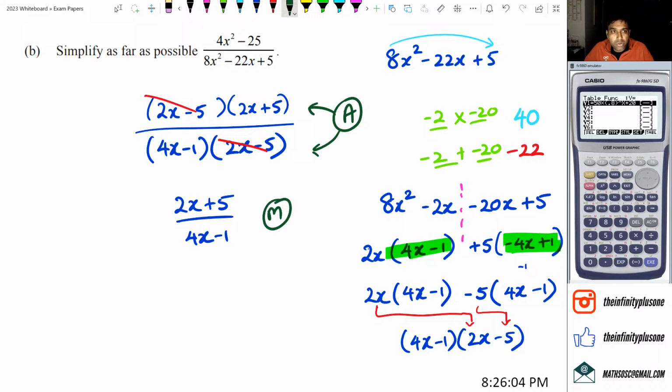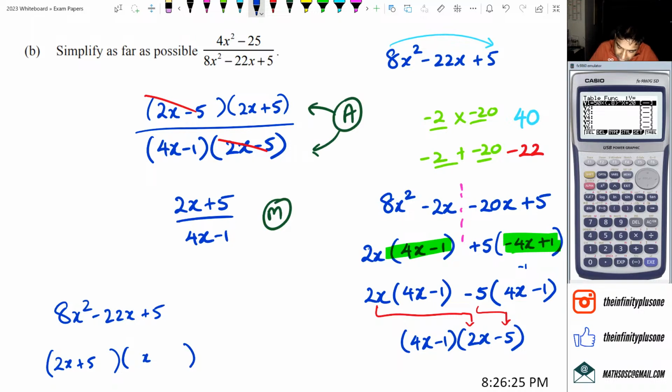All right, so we're going to go to question C now. With the guess and check, I would have done something like this. Because I'm doing 8x squared minus 22x plus 5. So let's say it's 2x plus 5. If that's the case, I know there's going to be an x here. Now this number times this number has to equal 8, so that means this will be 4.